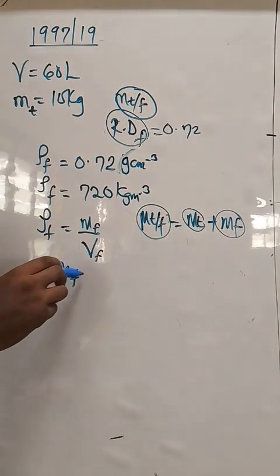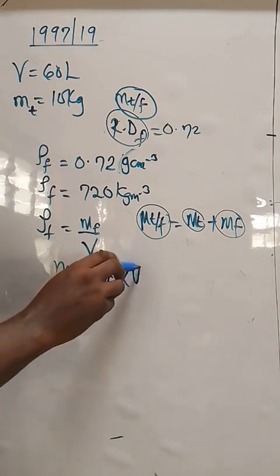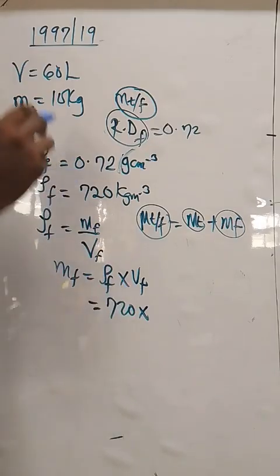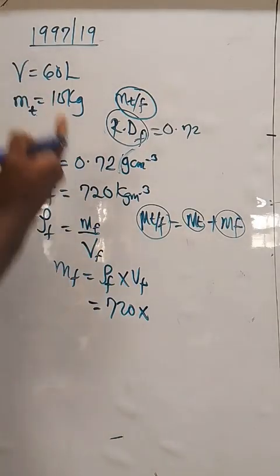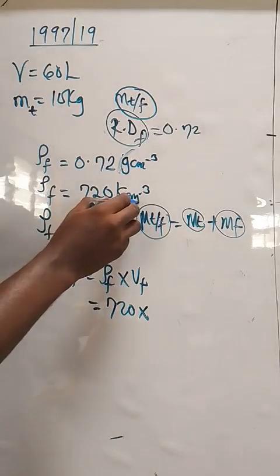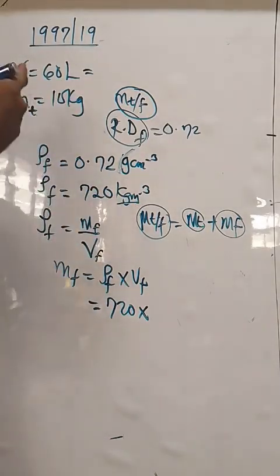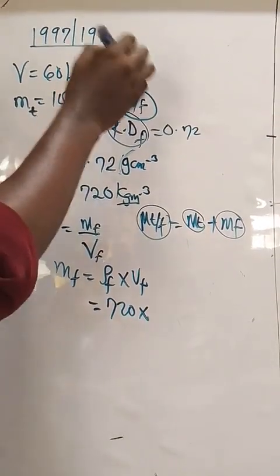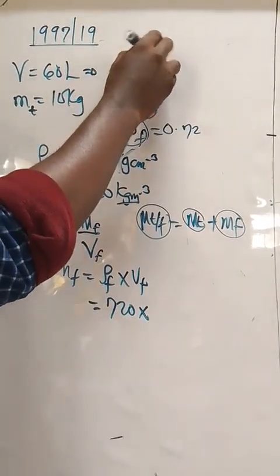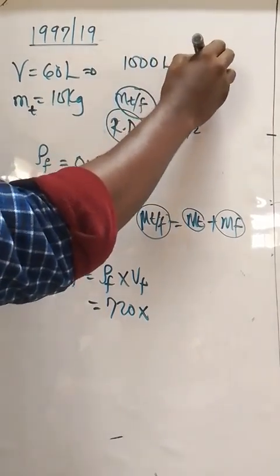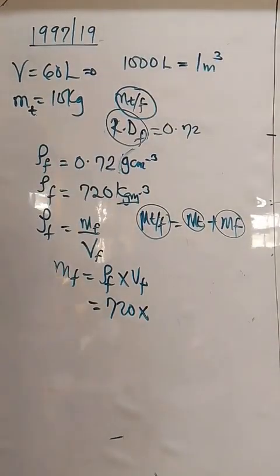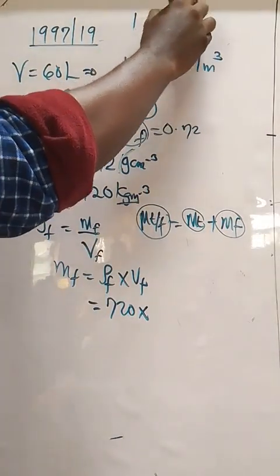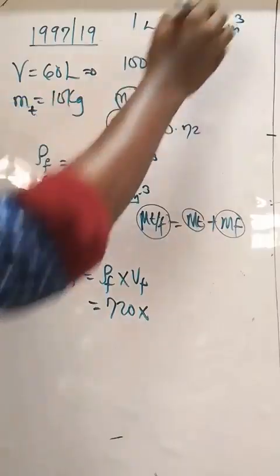Mass of the fuel equals the density of the fuel times the volume of the fuel. What is the density of the fuel? 720. What's the volume? 60 liters. But since the density is in kilogram per meter cube, the volume must be in meter cube, so we have to convert liter to meter cube. 1,000 liters is 1 meter cube, because 1 liter is 1,000 centimeter cube.